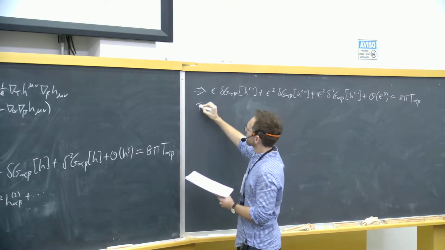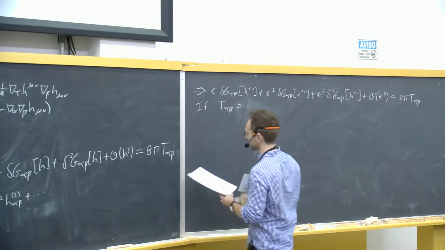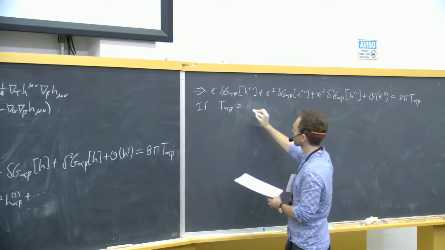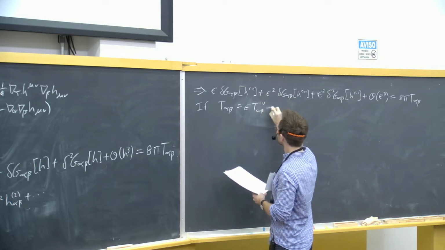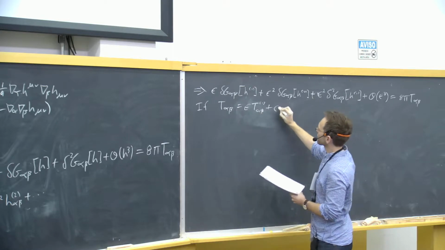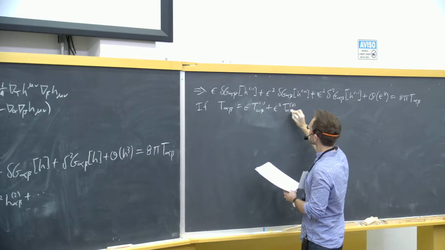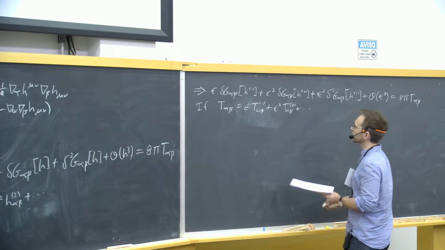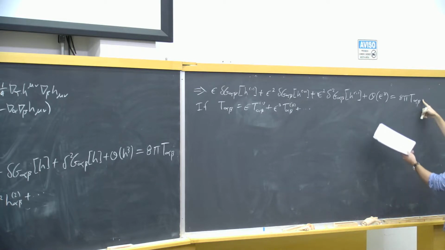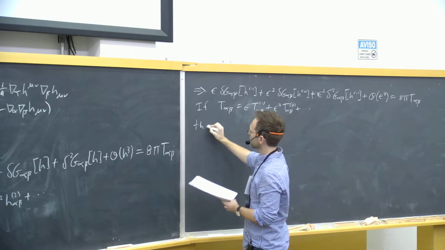So if the stress energy tensor also has a power series expansion, so epsilon times T1 plus epsilon squared times T2, and so forth, then we can just equate coefficients of powers of epsilon in this expression. And we get a sequence of equations.